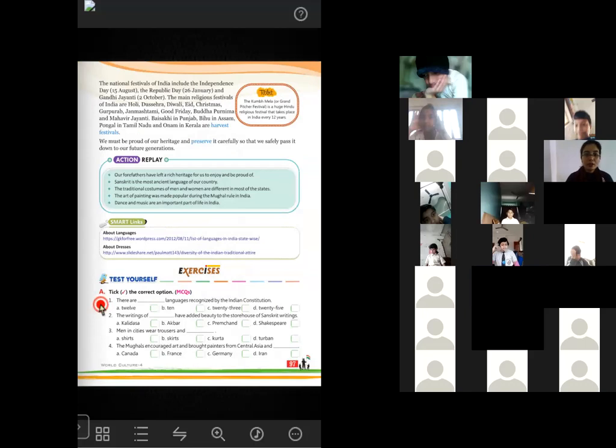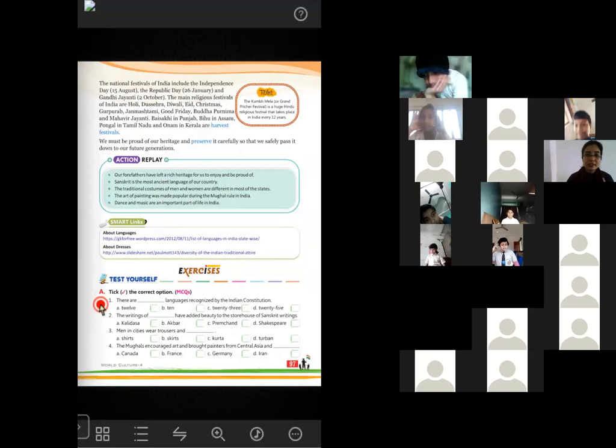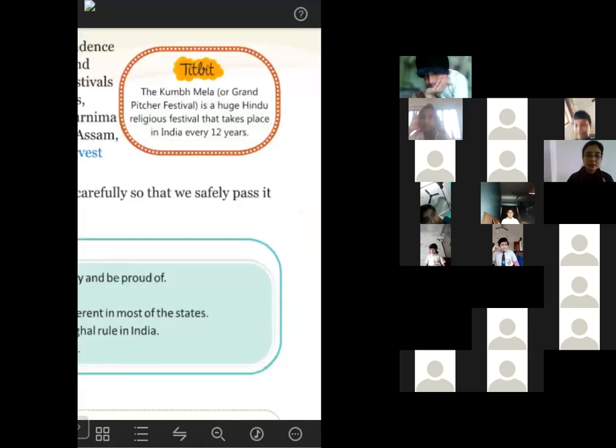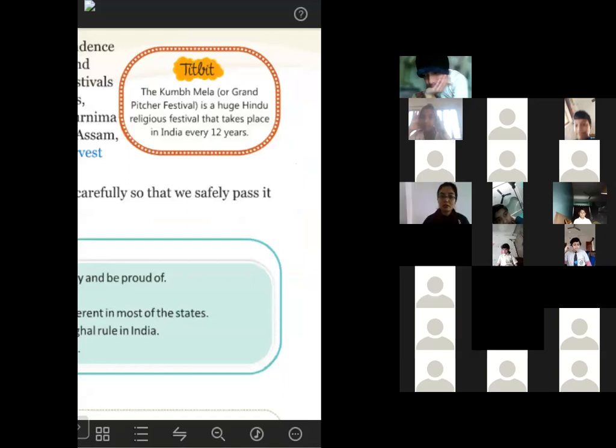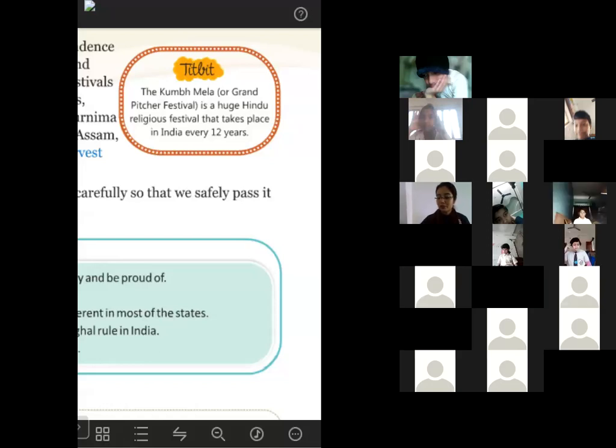The Kumbh Mela, or the Grand Preacher Festival, is a huge Hindu religious festival that takes place in India every 12 years. So the Kumbh Mela takes place every 12 years.